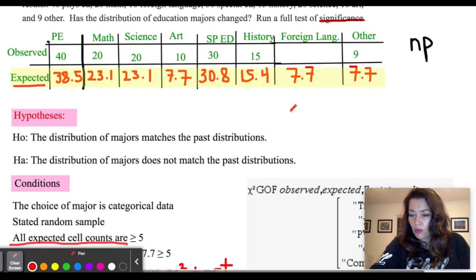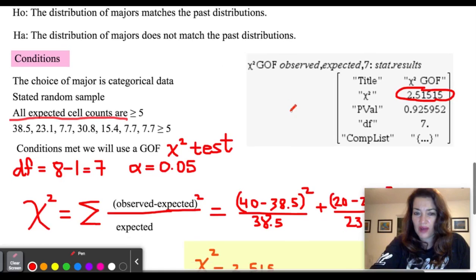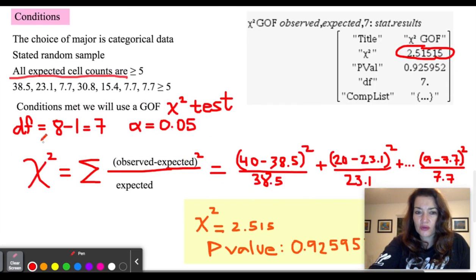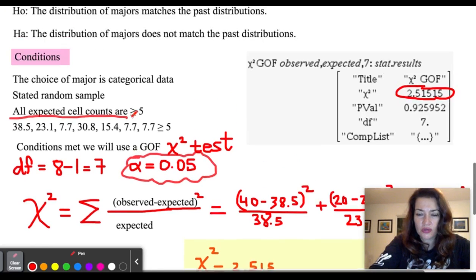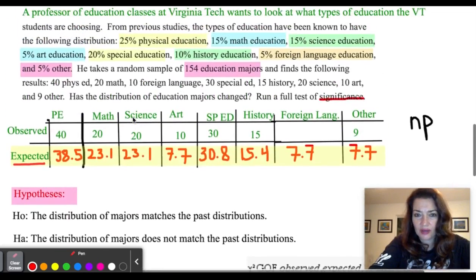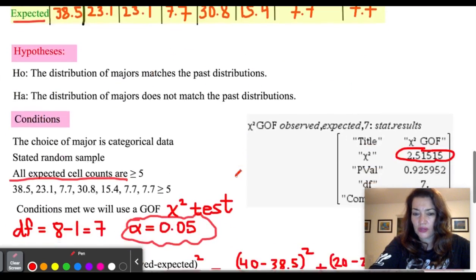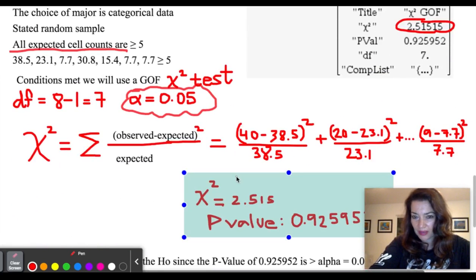If you look down the row, all the numbers are greater than or equal to 5. So I made a list of those numbers, and I wrote that all expected cell counts are greater than or equal to 5. We're going to say conditions met, we will use a goodness of fit chi-square test. I stated the degrees of freedom, and the significance level I'm going to use is 0.05. So did they give us a significance level here? They did not specify a significance level, so we are just going to use 0.05 by default.